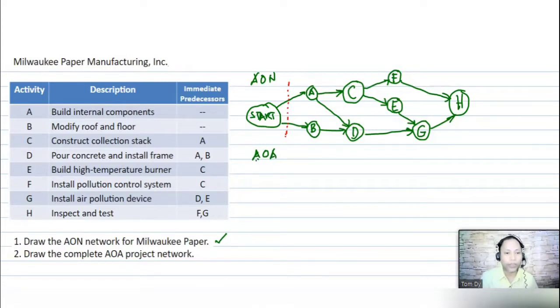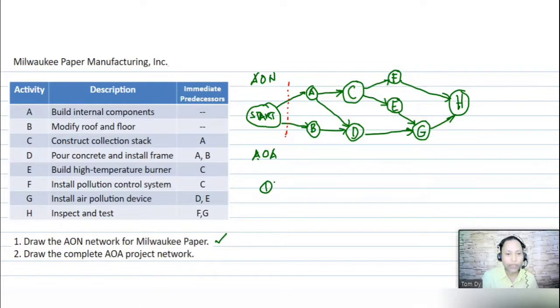Take note, A and B again have no immediate predecessors. So again we have our start. I will write start in our AON, and here I will write 1 as our start.